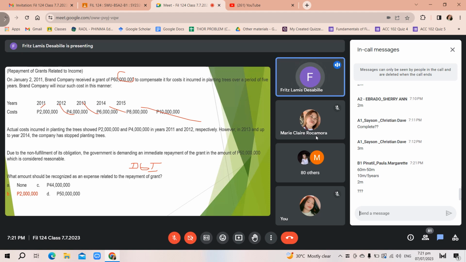Guys, take note, this is a grant related to income and this should be based on the expenses incurred. Okay, sige, ako na lang.